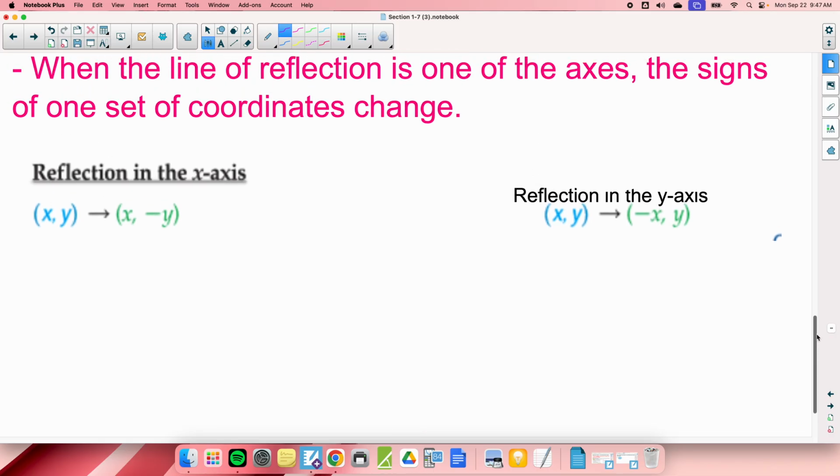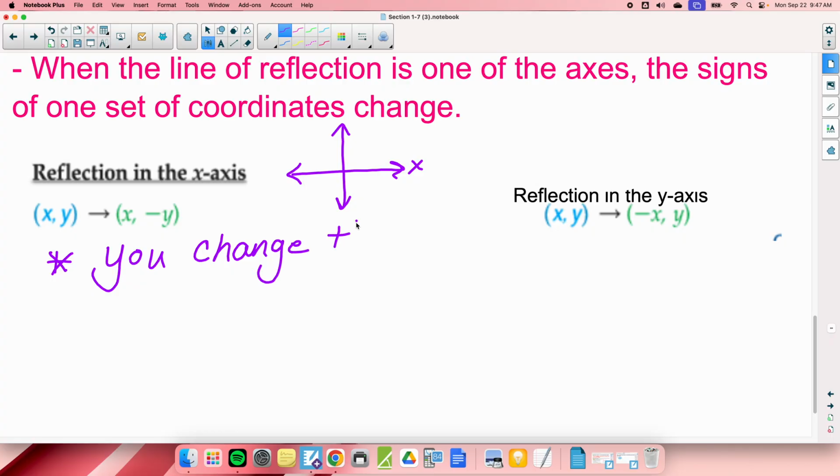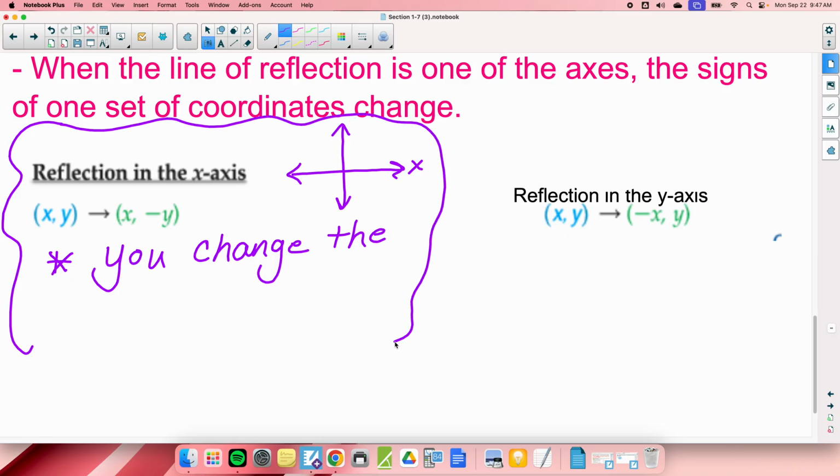So the first thing, when you reflect over the x-axis, and remember this is x, what happens if you look here is you change the sign of your y coordinate. I'm going to have you copy this whole thing and put it somewhere small on your cheat sheet.